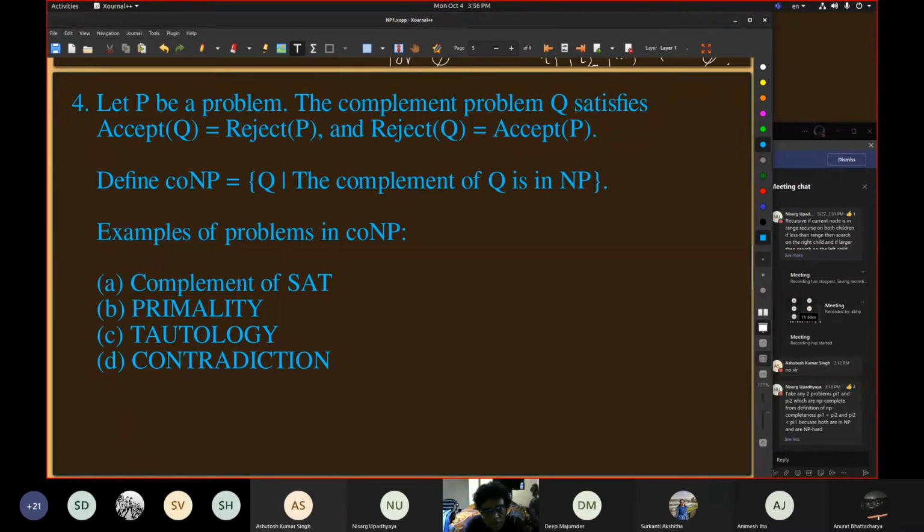Obviously, SAT is a problem in NP. Therefore, its complement is definitely in co-NP. Why is the primality testing problem in co-NP?